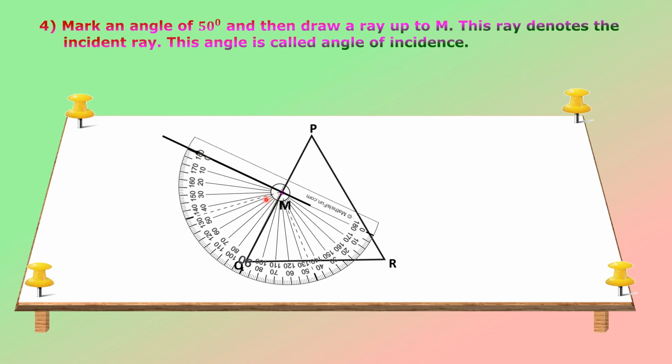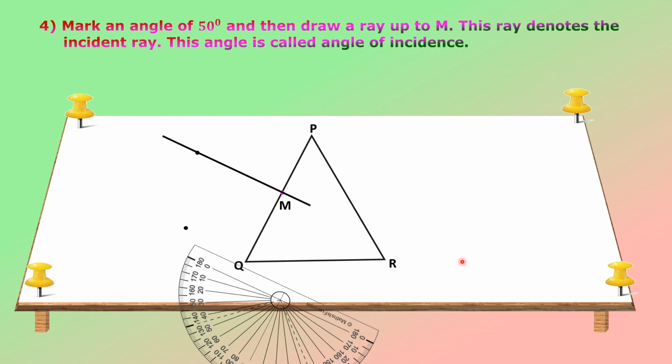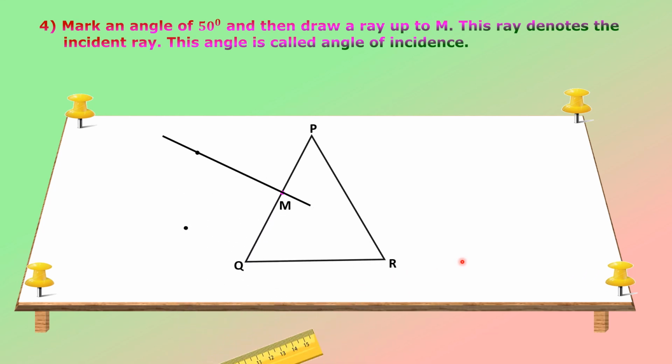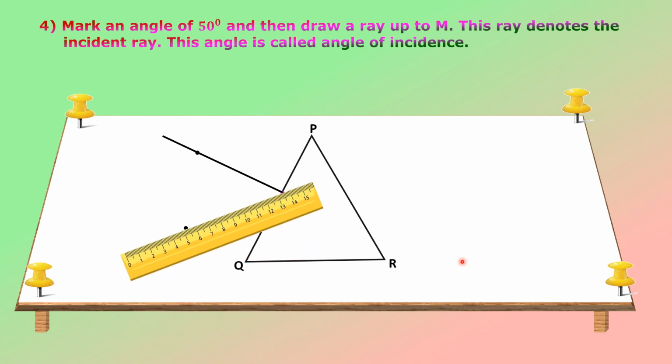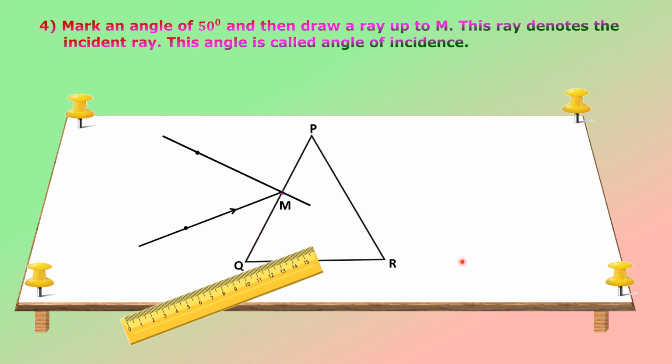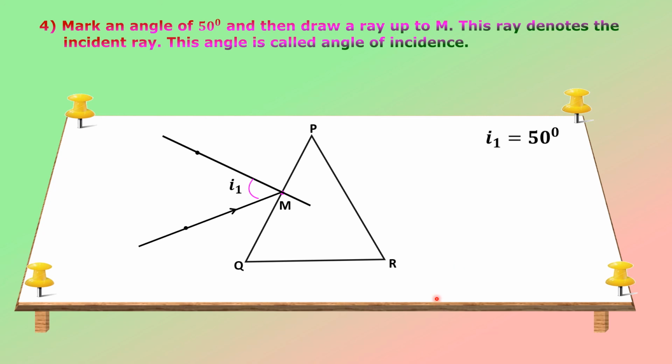So here is 50 degrees. Then remove this. Draw a ray up to M. And this is called the incident ray, and the angle between these two is called the angle of incidence. So here I have taken I1 as 50 degrees.